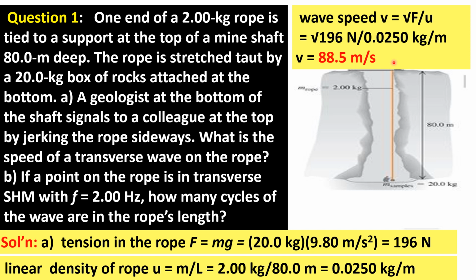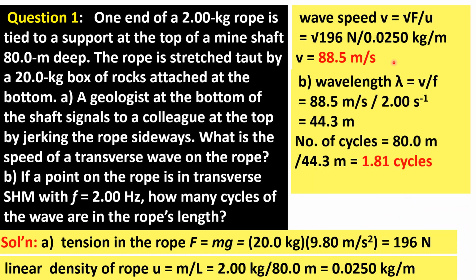Our formula is the relationship of the wavelength lambda, which is equal to the speed of the wave divided by its frequency. That means 88.5 meters per second, the speed of the transverse wave, divided by its given frequency, which is 2.00 per second, or hertz.